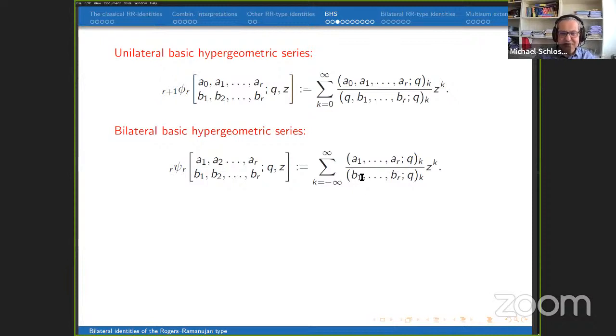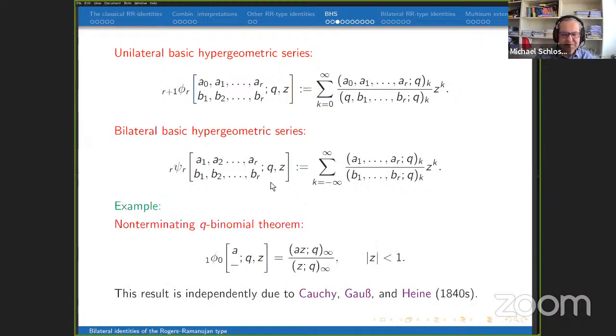I should also mention that if b1 is q, then we get the unilateral basic hypergeometric series. Of course, we have to maybe relabel the parameters, but we still have then one more upper parameter than the lower one. But here we have the same numbers. Okay, so that's maybe good to know.